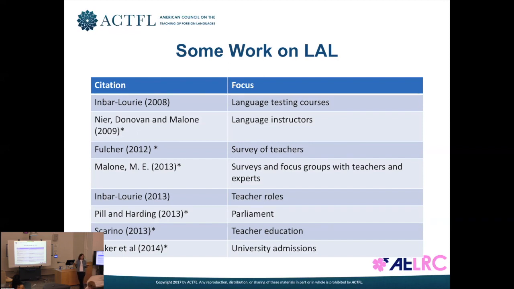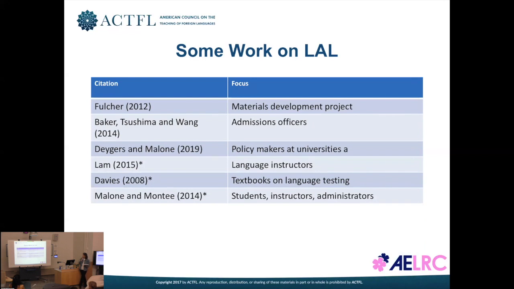So if you're in parliament and you're deciding that there is going to be a citizenship test or an immigration test, and you just read the levels and say, oh, that sounds like a good level for someone for immigration, maybe that's not enough information. Just saying, okay? And then Scarino looked at teacher education, and then in Canada, Baker et al. did some really interesting work with university admissions. And then Glenn Fulcher again worked on a materials development project.